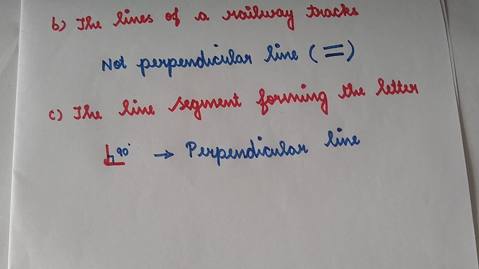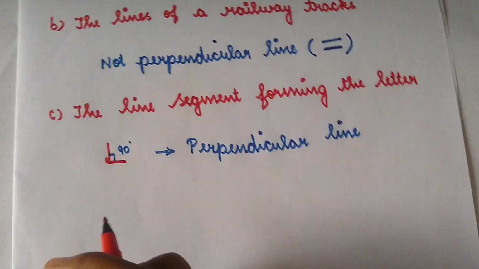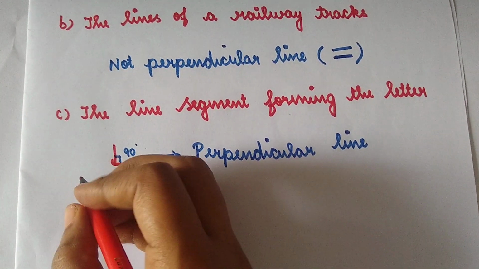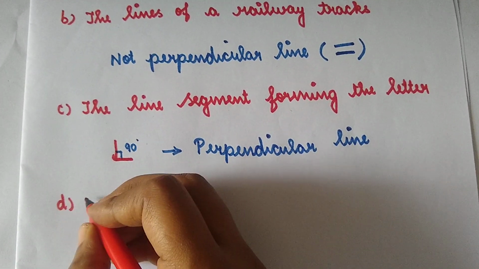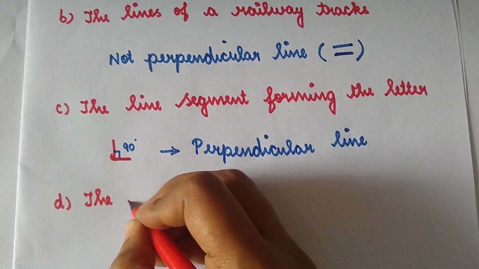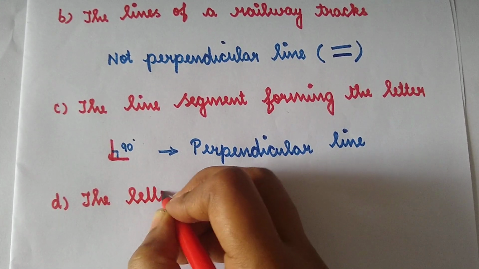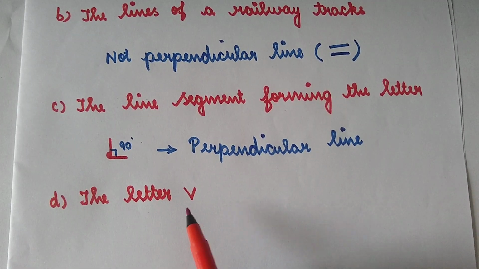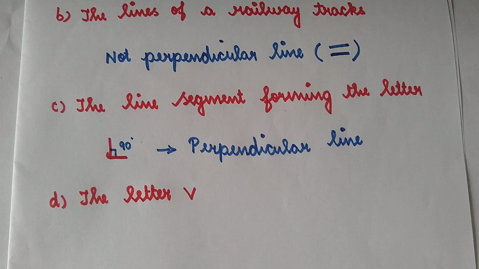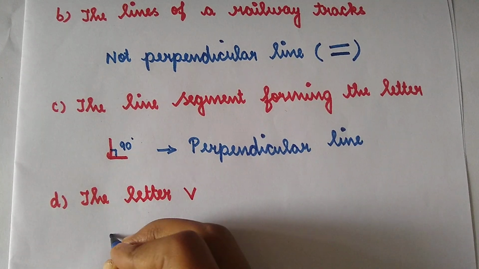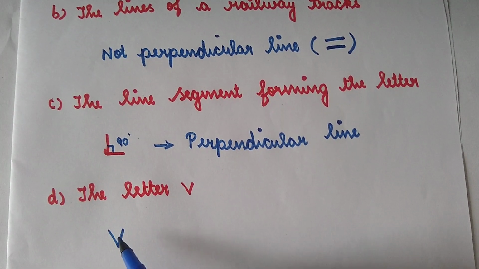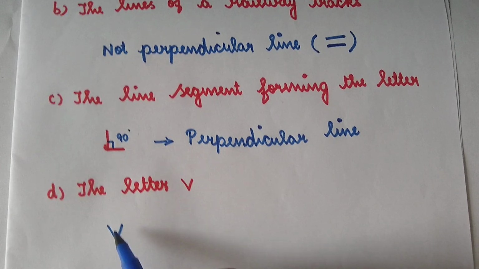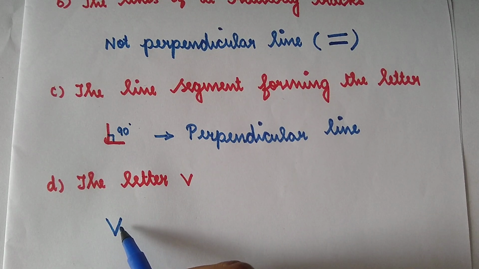Next, let us move to the D subdivision. The letter V. Is it a perpendicular line? No. Here you can see one line crosses the other.